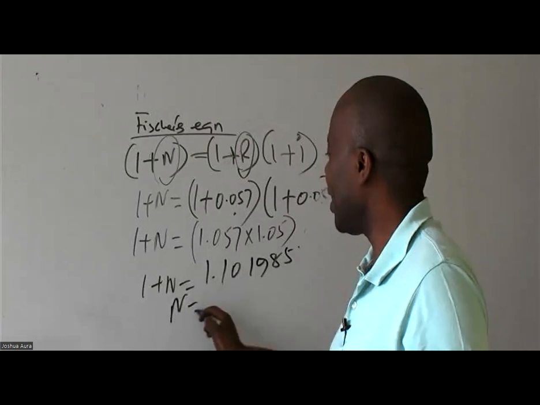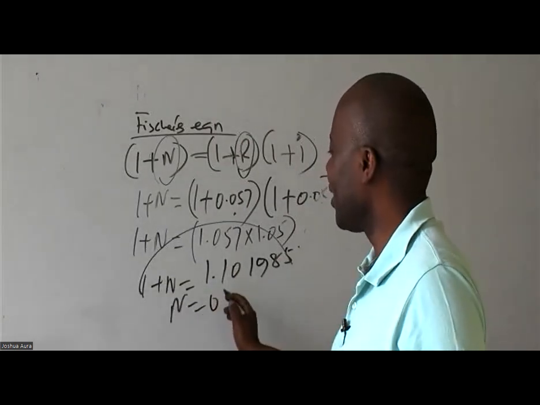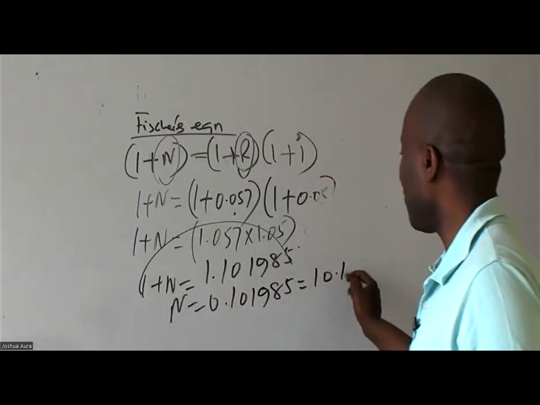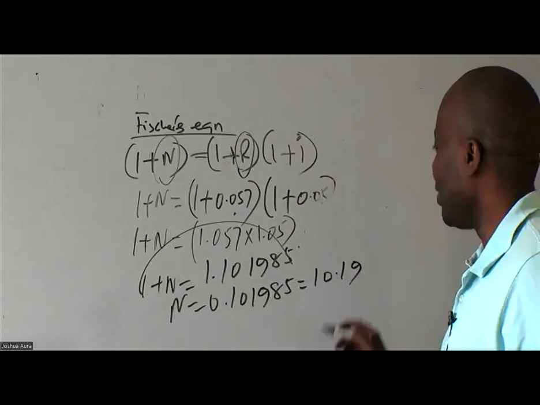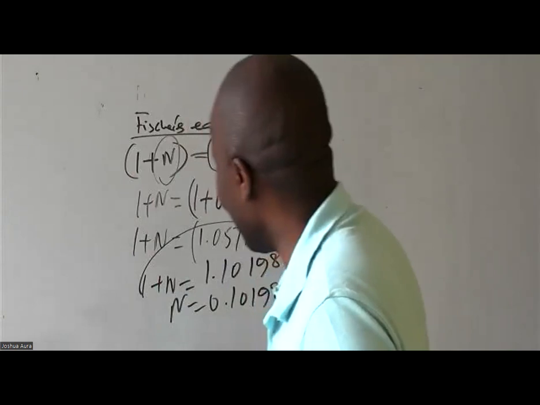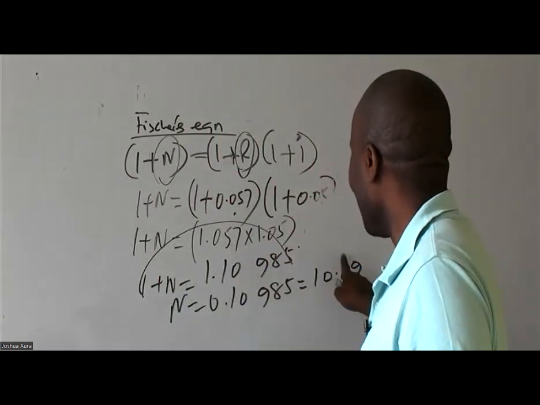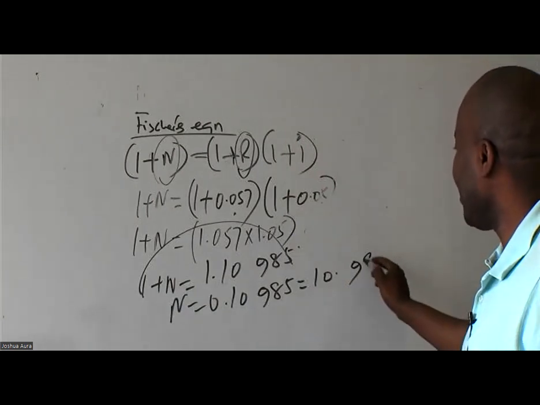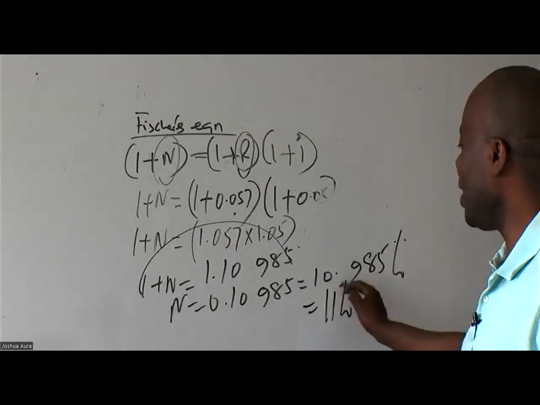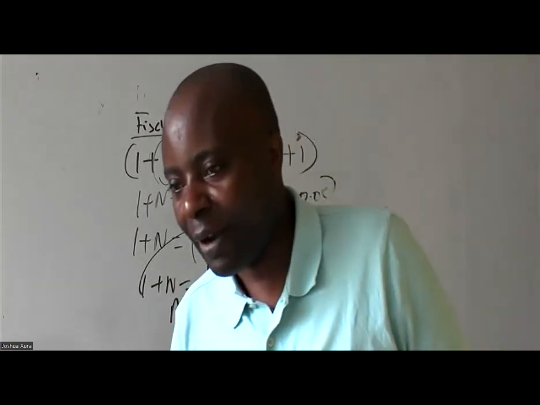So meaning that n will be, taking it to the other side, 1.10985 minus 1, which will be 0.10985, that is 10.985%. So basically the cost of capital here will be 11%.